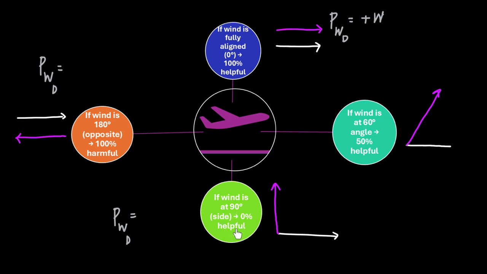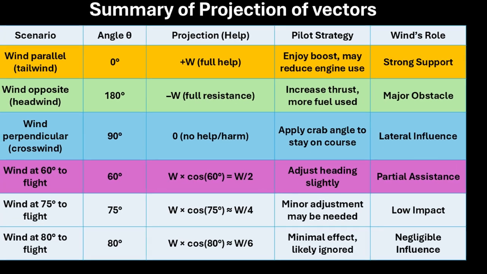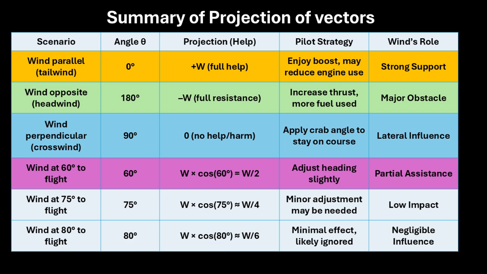Wind is at 90, the aircraft is drifting towards it. And if the wind is at 60, you can fill out the rest. Well, this is what I want you to write as an interpretation of the four cases that we discussed earlier. Okay? Maybe you can just make a note of this as well.